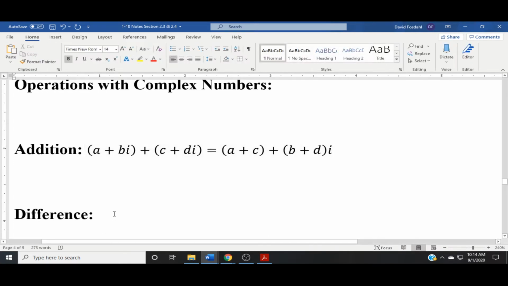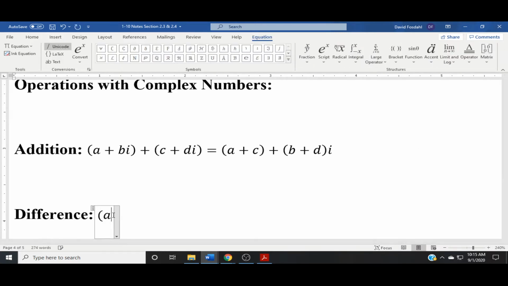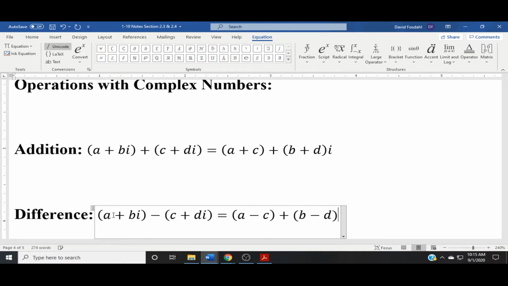And just like addition, difference is going to be a plus bi minus c plus di, and that's just going to equal a minus c plus b minus d i.